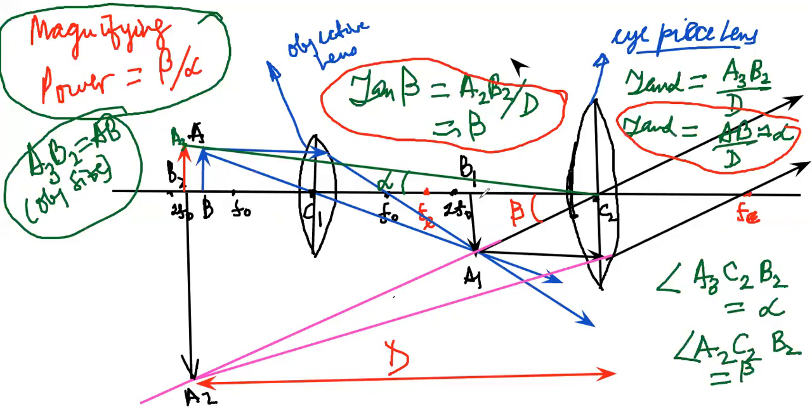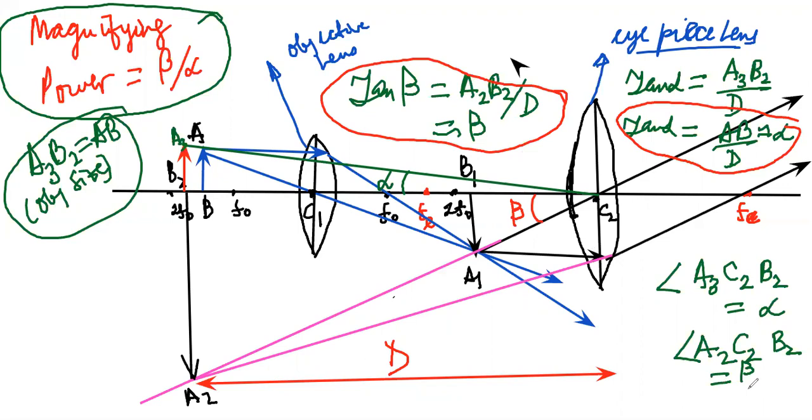For the eyepiece, A1 B1 is your object. So A1 B1 is the object for the eyepiece and A2 B2 is the image for the eyepiece. So let me take this A1 B1.